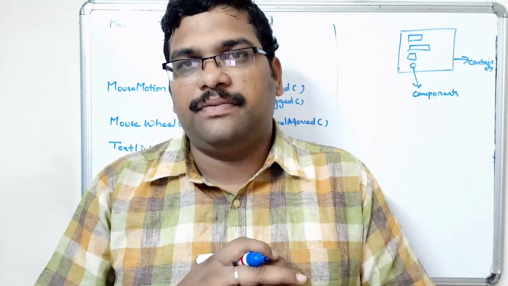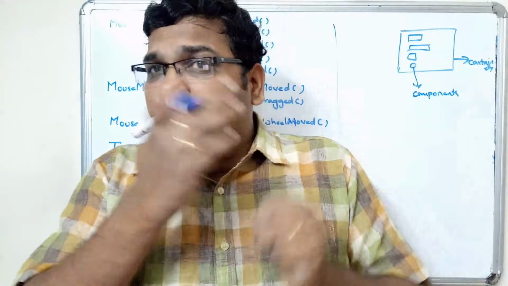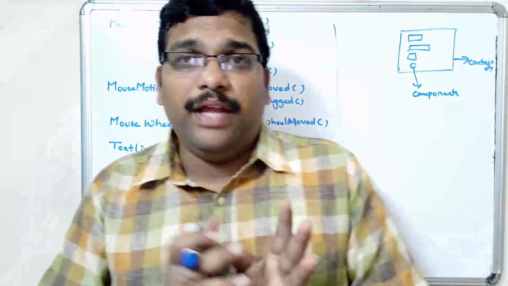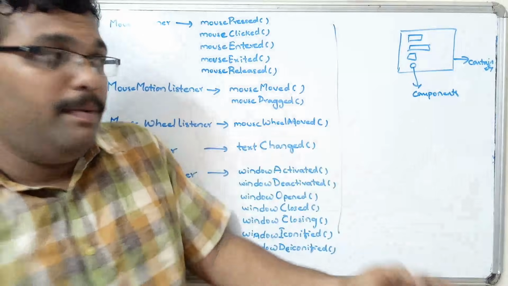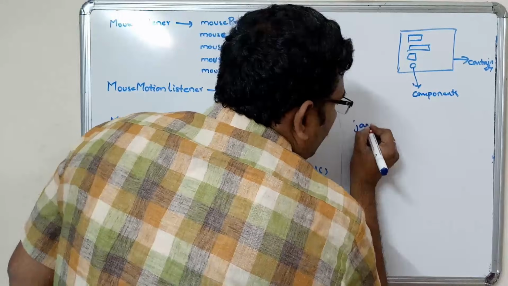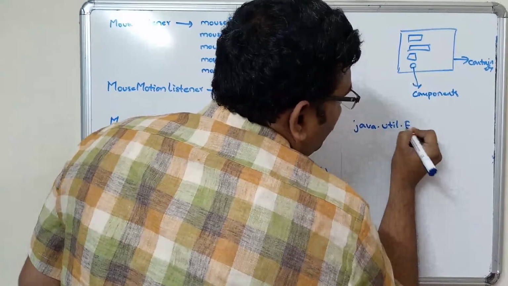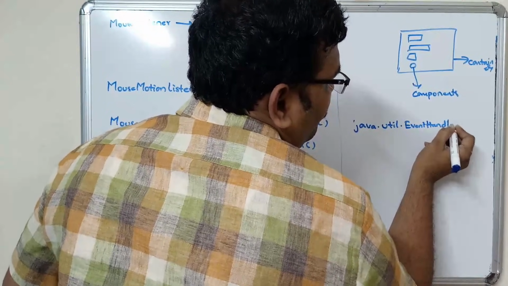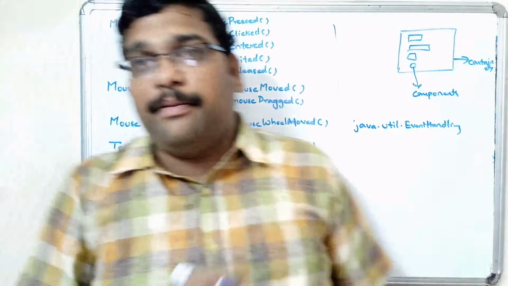We can just follow a template while implementing event handling. First, all the events are available in the java.util package, right? In this package, all these events will be there.